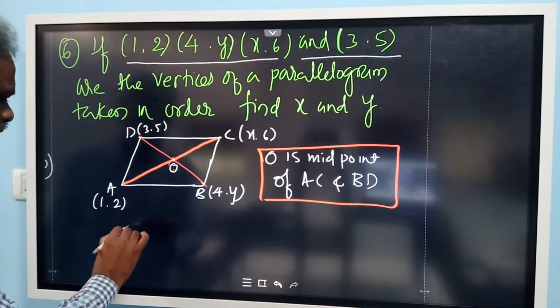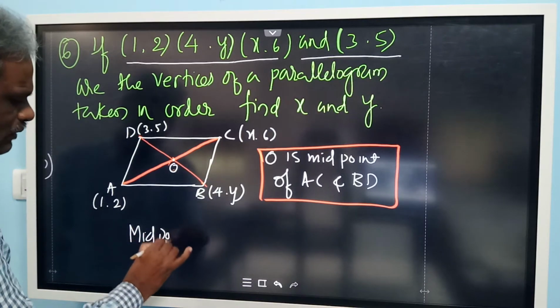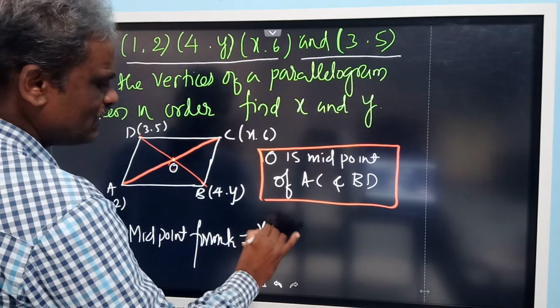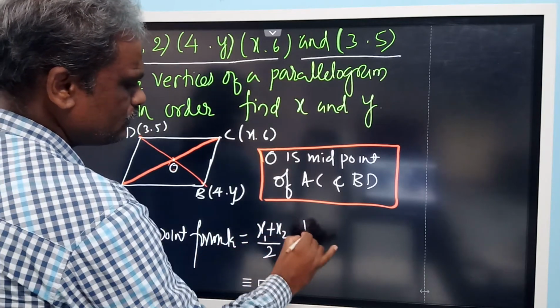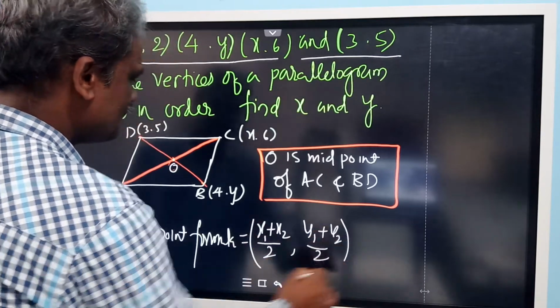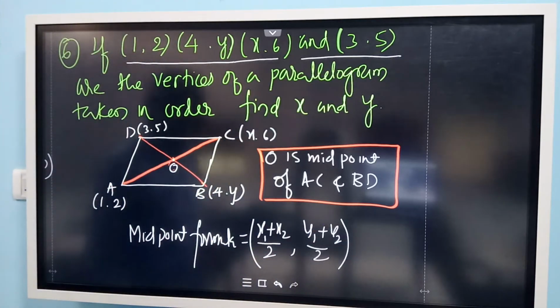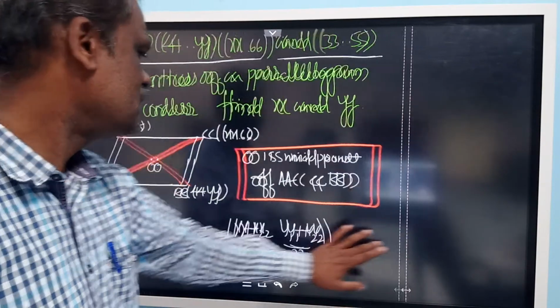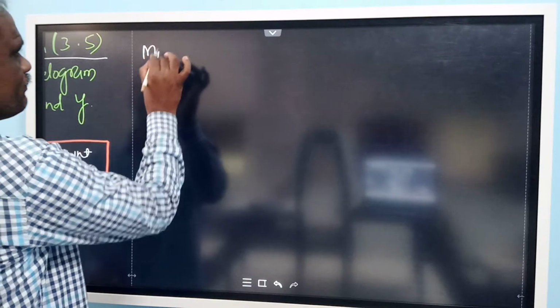The midpoint formula, you know that: (x1 plus x2) by 2, (y1 plus y2) by 2. Using this, find the midpoint of AC and the midpoint of BD, both are the same. So let us first find the midpoint of AC.